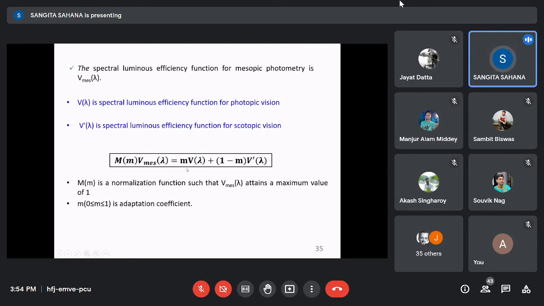So you can see one function, no details is required for your syllabus, but just for your information, you can see the V mesopic lambda. This is the luminous efficiency function of mesopic vision. This is not fixed, but rather depends on the V lambda and V dash lambda.